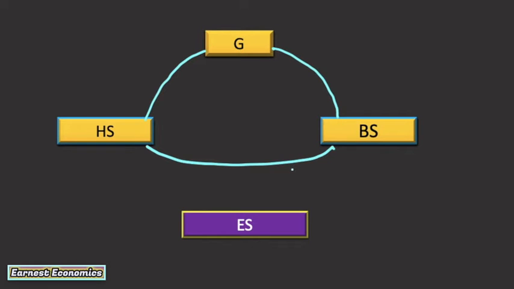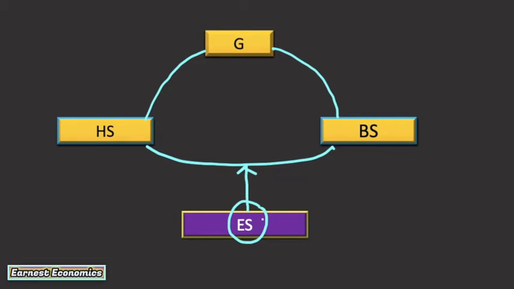Now, in the four sector model, we incorporate one more sector, and we call it the external sector or the foreign sector or rest of the world sector. And we try to understand in the four sector model how the external sector impacts on the circular flow of income that we have already studied in the three sector model.